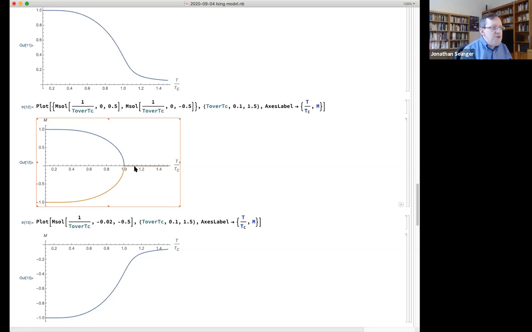So this plot is approximately a square root law. It's not exactly a square root law because a square root law wouldn't saturate like that. A square root law would just keep going and getting more positive or more negative. So it's approximately a square root law near Tc, and away, it saturates. It goes to the maximum value of ±1.